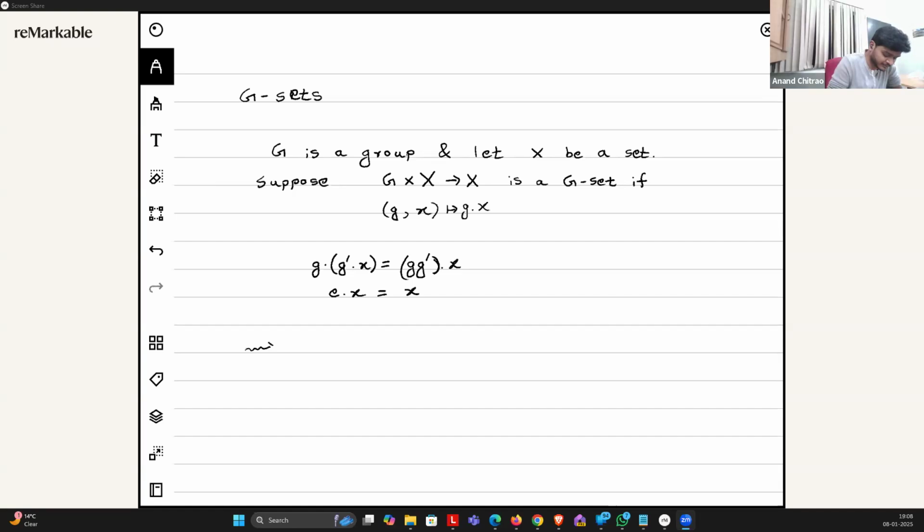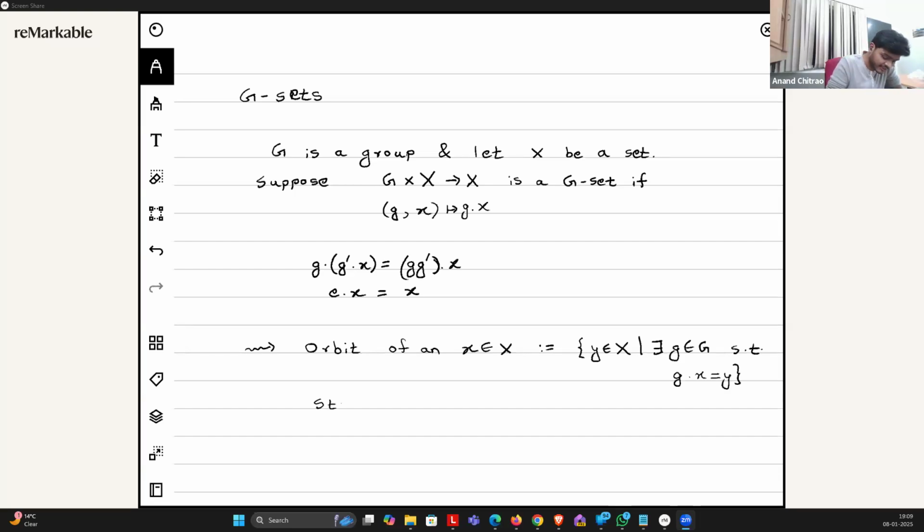Then one can look at the orbit of an X in capital X, which is defined to be the set of all Y in capital X such that there exists a G in capital G with G dot X equals Y. This is the orbit.